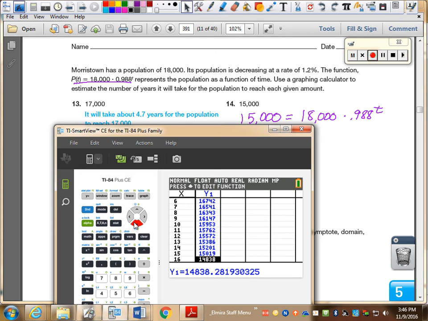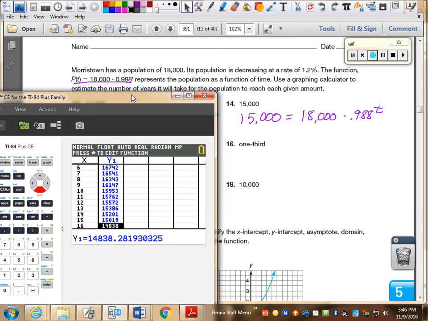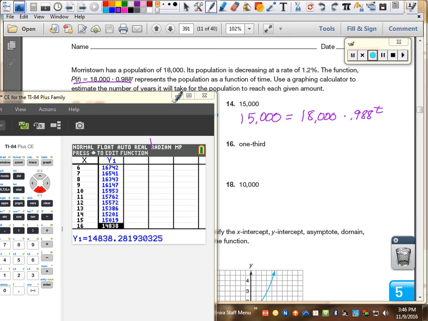And I want to find out, when is it 15,000? Well, somewhere between 15 and 16 years is when it crosses the 15,000 people mark. The homework shows a decimal answer for that, and without logarithms, I don't really know how they got it. And the book itself doesn't show how they got it either. So between 15 and 16 years.